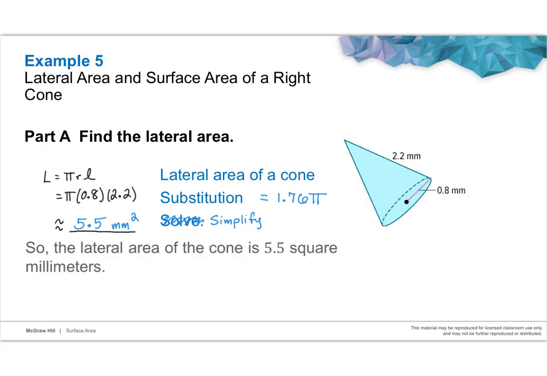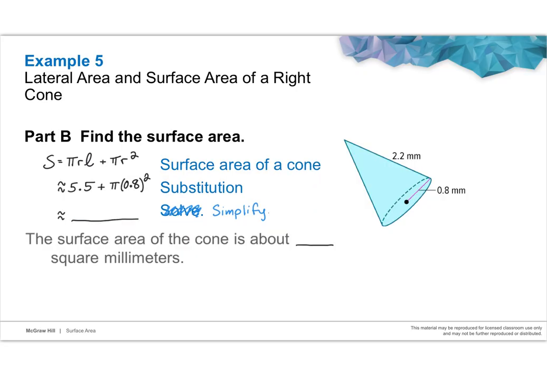Now we're going to find the total surface area. For our total surface area, we need to take our pi RL calculation and add in one area of the base. So again, if we keep this in terms of pi, which I would recommend, we're going to keep our 1.76 pi from the previous calculation, plus another 0.8 squared, or plus another 0.64 times pi.